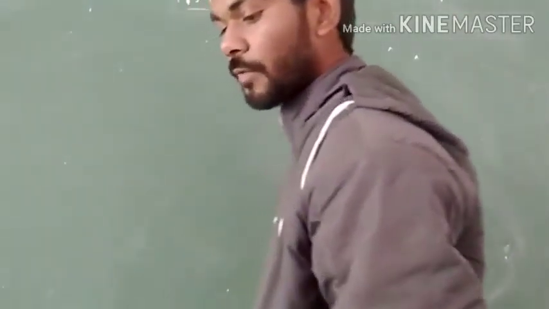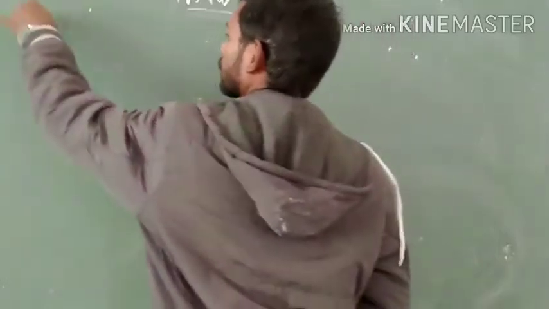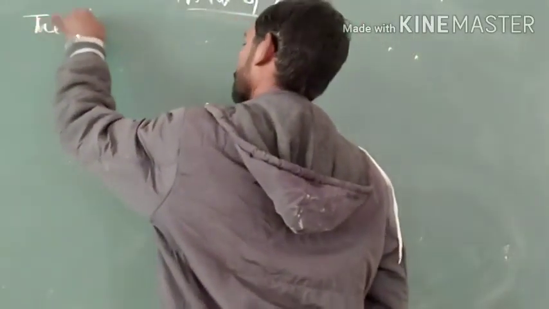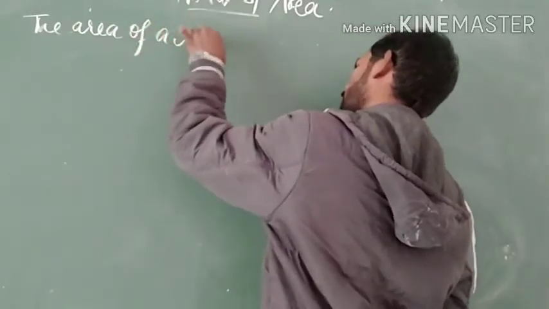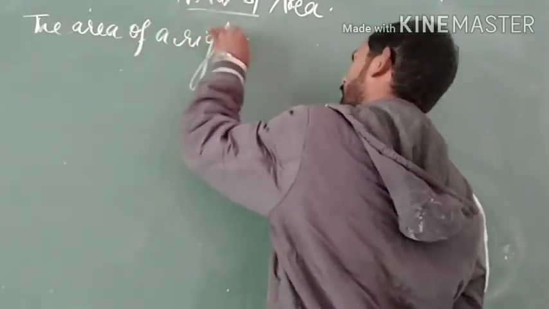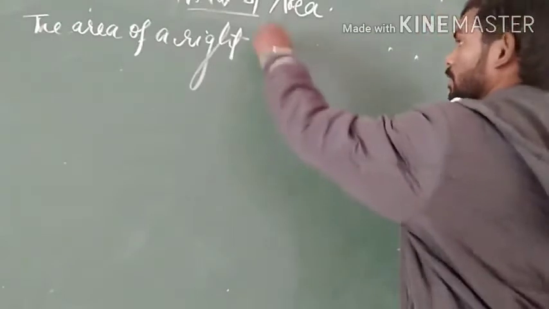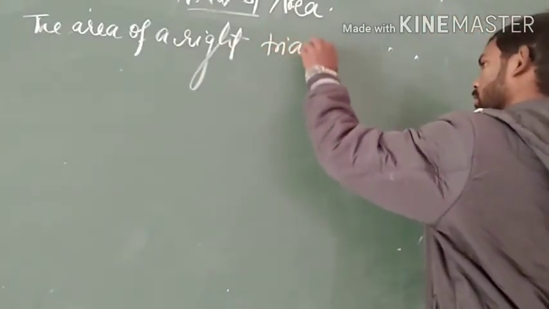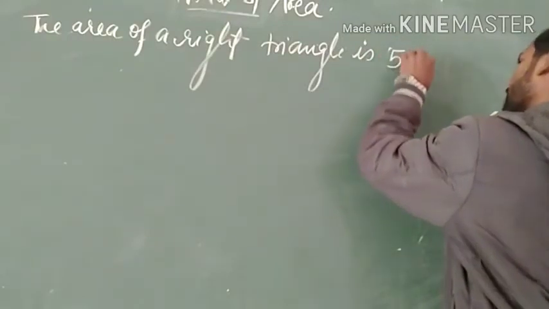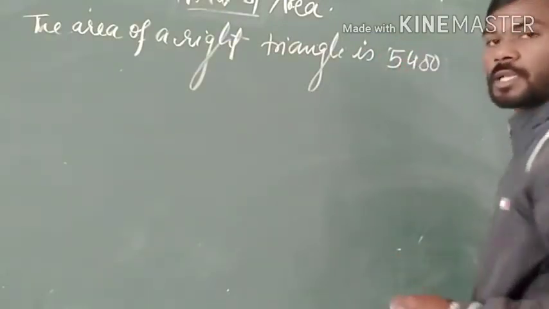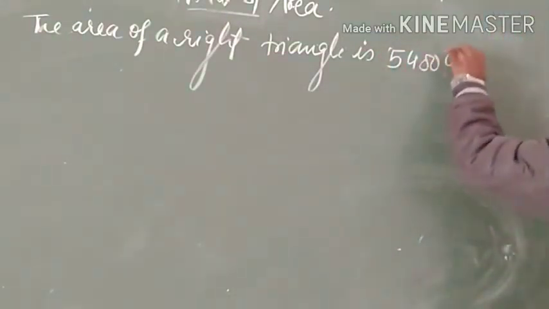The area of a right triangle is 5400 centimeter square.